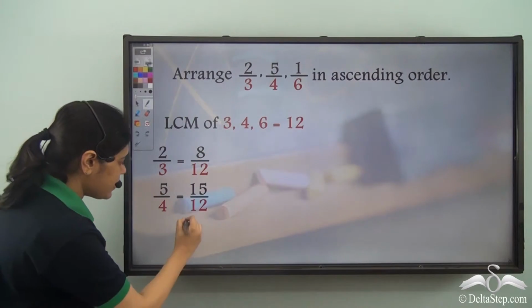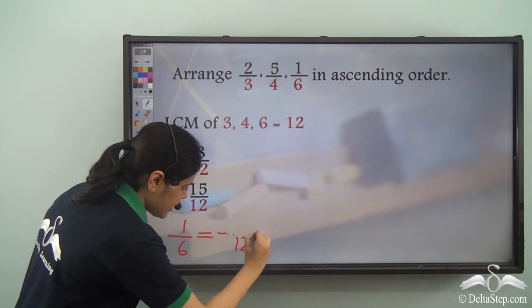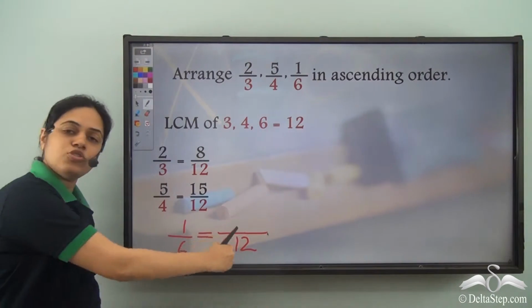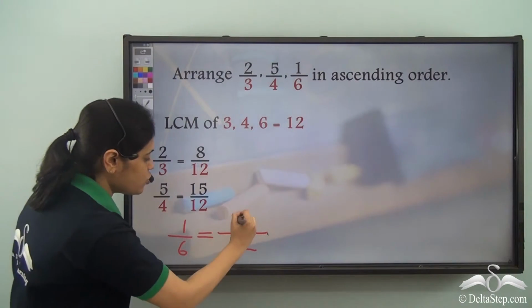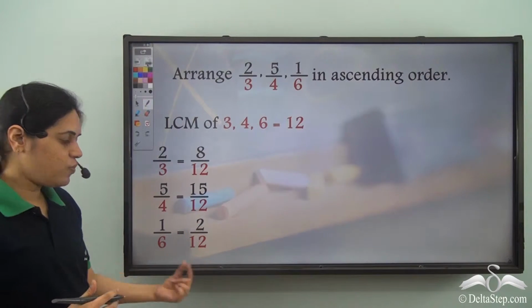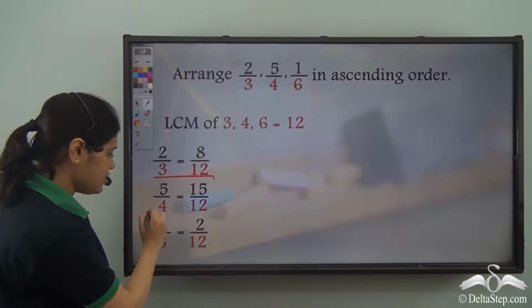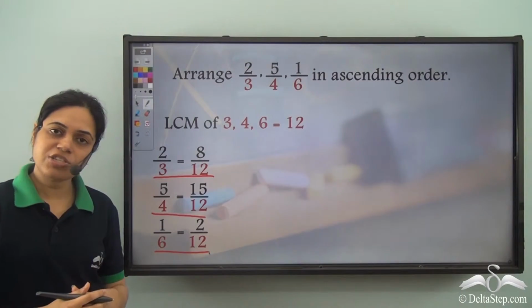Now I have 1 by 6. 6 into 2 is 12. So 1 into 2 is 2. So 1 by 6 is 2 by 12. So these are equivalent fractions.